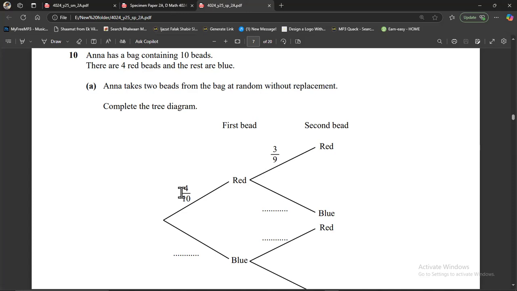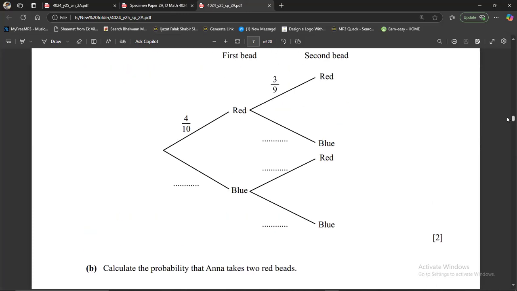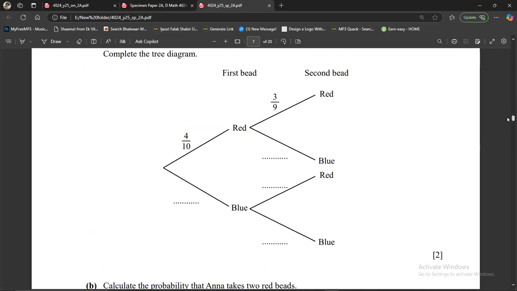Okay, so we have to complete the tree diagram. When you do not replace, you see what happens when one bead is out. When you try to take the second bead out, the total is decreased by one, and that type of bead is also decreased by one. So if a red bead is out, the probability of getting a red bead will be 4 by 10.